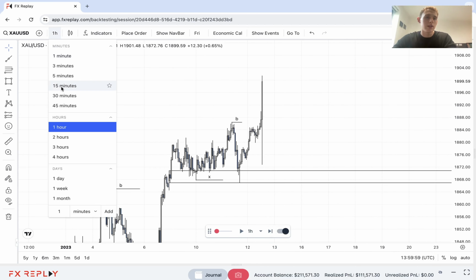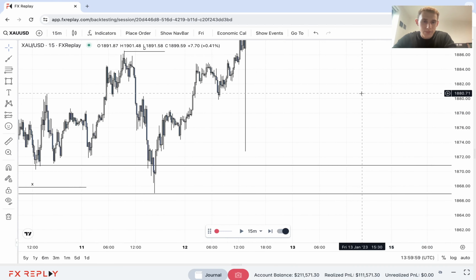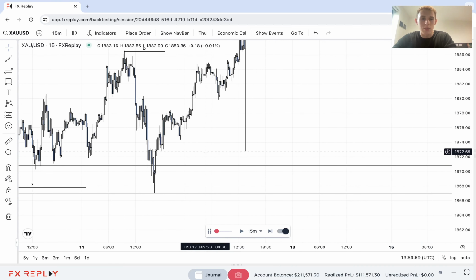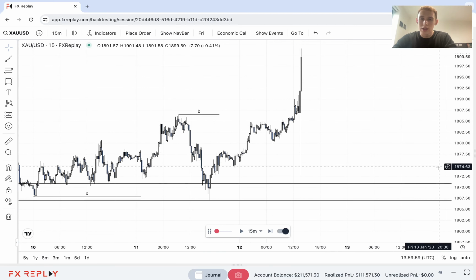That is a huge wick. I wonder if it touched our level actually. Yeah, so that once again would have slightly missed anyway.